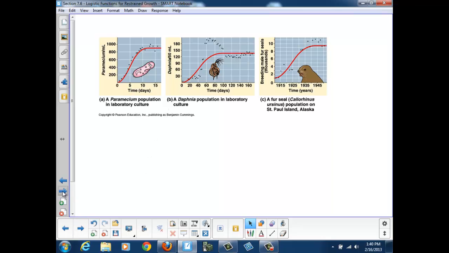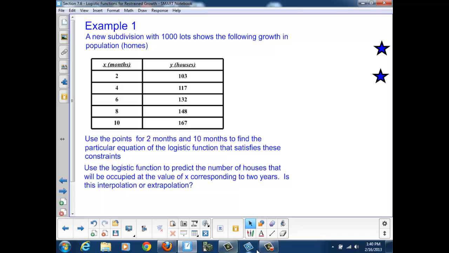Now let's talk about how we would solve for a specific equation given a set of data. Here's a good example of how logistic growth might appear in the real world, where we start out with slow growth, it increases very quickly, and then levels off again. A new subdivision with 1,000 lots shows the following growth in population.